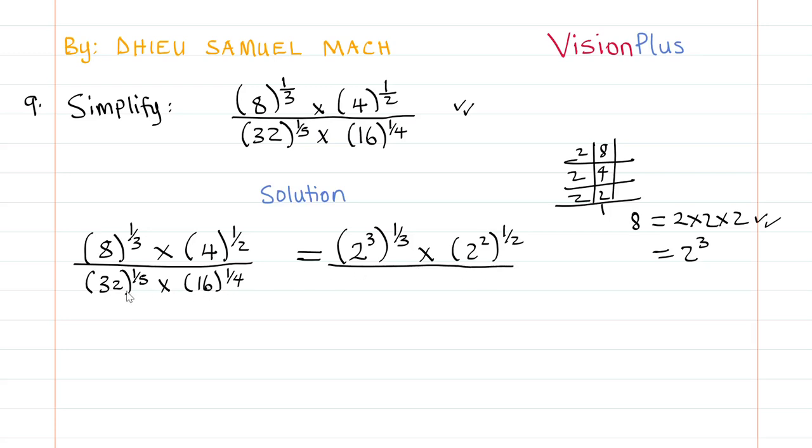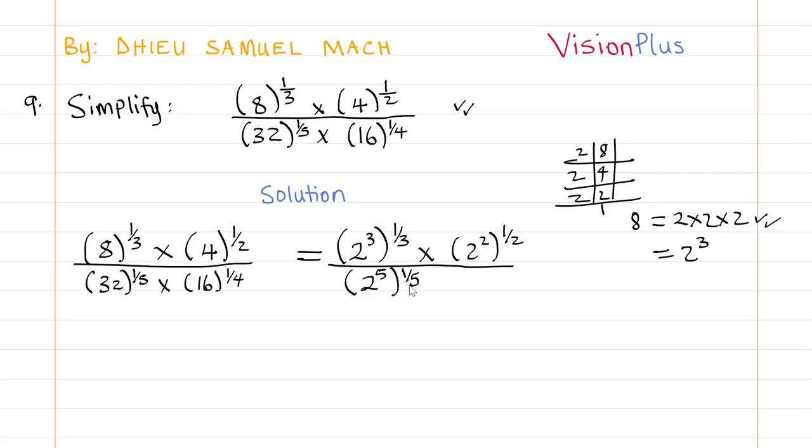What is 32 in terms of powers? If you draw the prime factor table to guide you, you'll find that 32 in terms of powers is 2 to power 5. If you multiply 2 by itself 5 times, it gives you 32. And then we keep the original power, which was 1 out of 5.